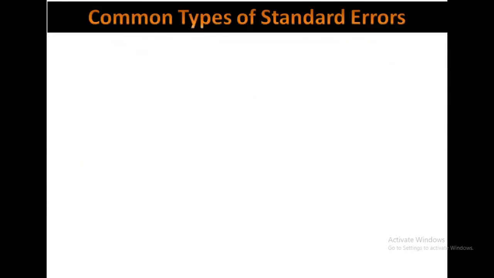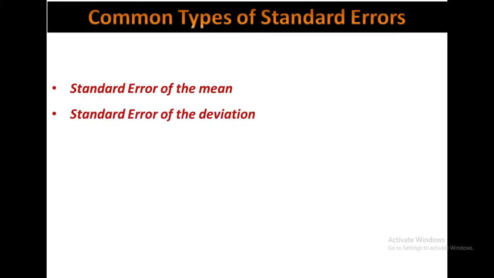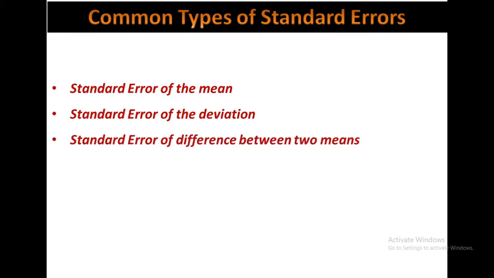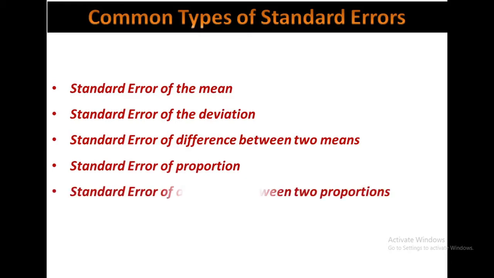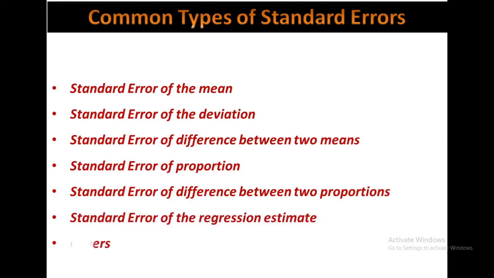Common types of standard error. We already know two types of standard error, namely the standard error of the mean and the standard error of the deviation. Apart from these, there are other types of error as well, such as the standard error of the difference between two means, standard error of proportion, standard error of the difference between two proportions, standard error of the regression estimate, and some other specific types of standard error.